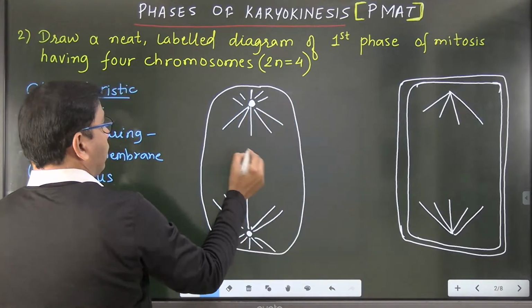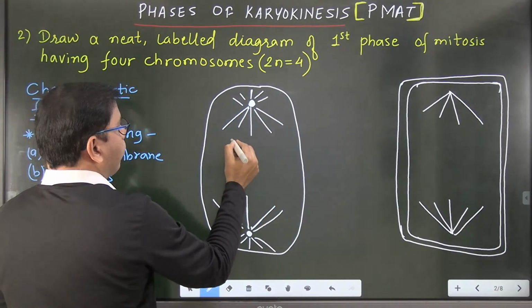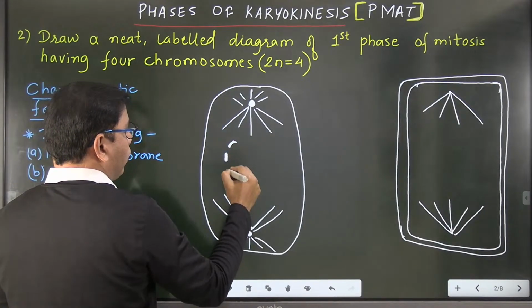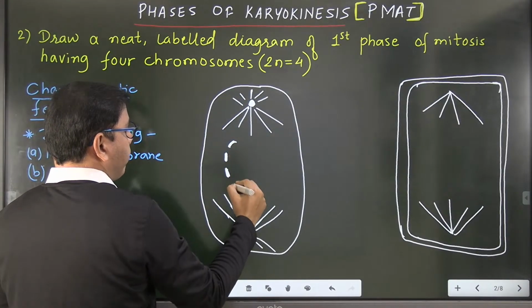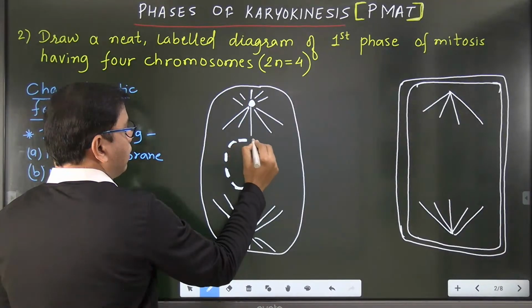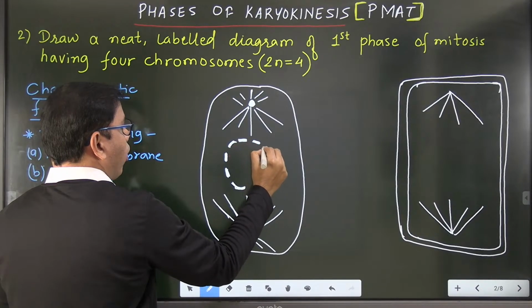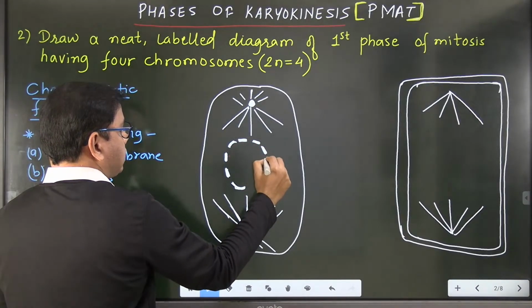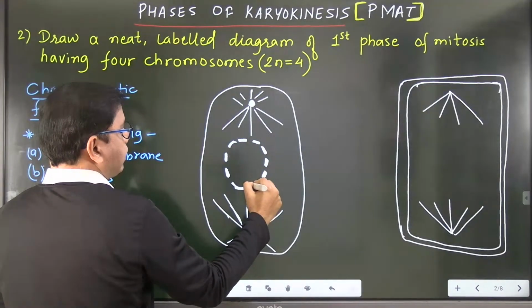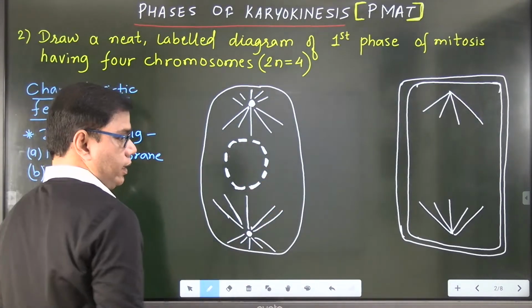Now, the nucleus at the center. What is happening over here? The nuclear membrane, the covering of the nucleus, is disappearing. So draw this line of the membrane in the form of dashes, because the membrane is disappearing.